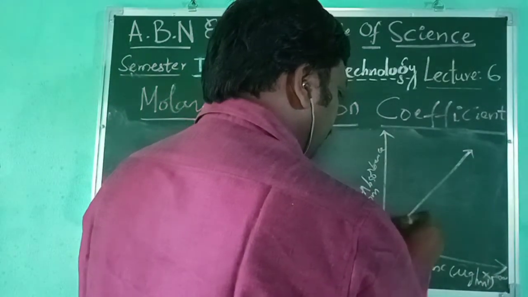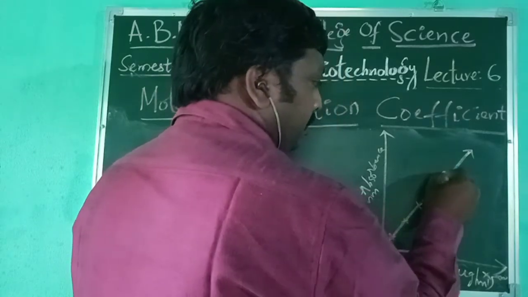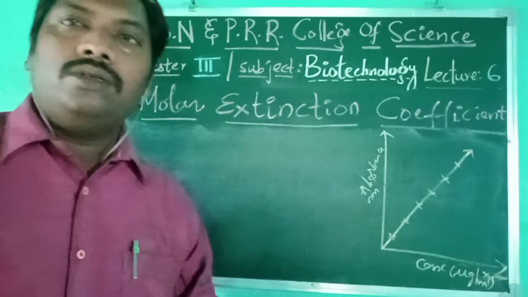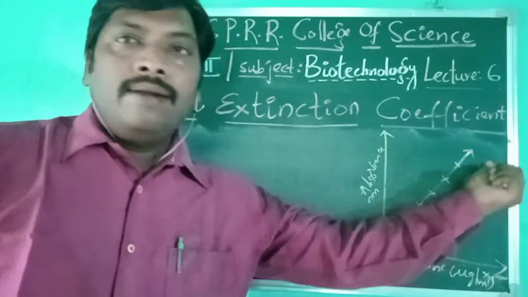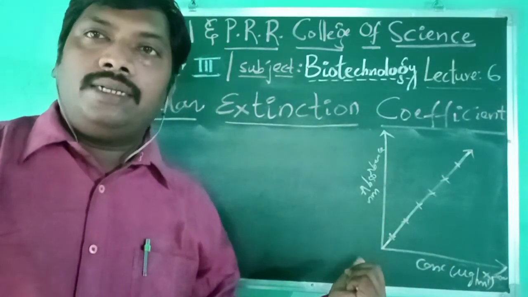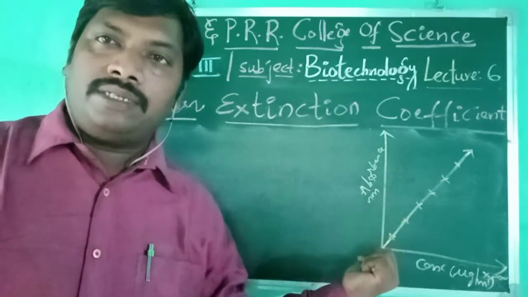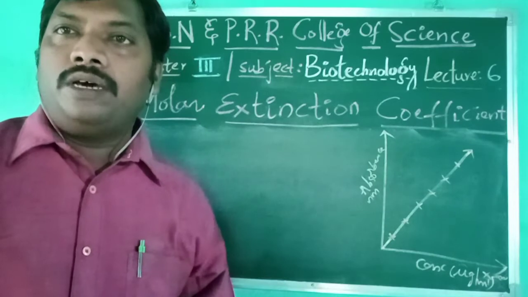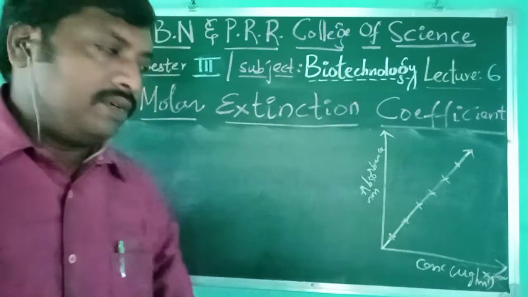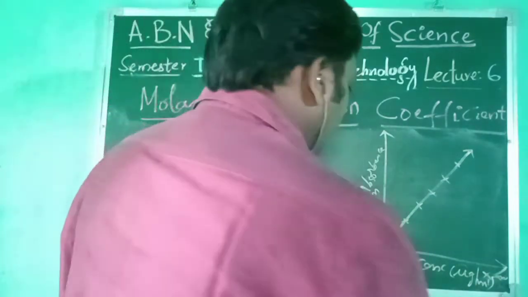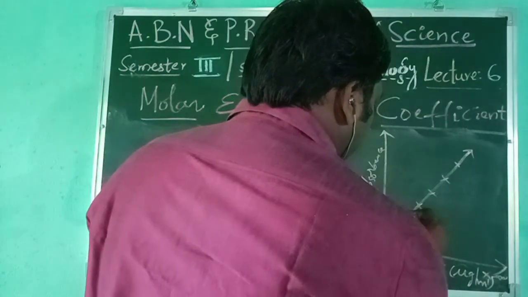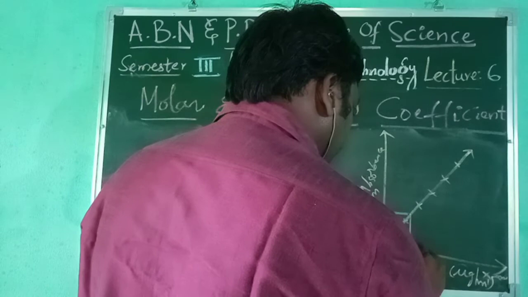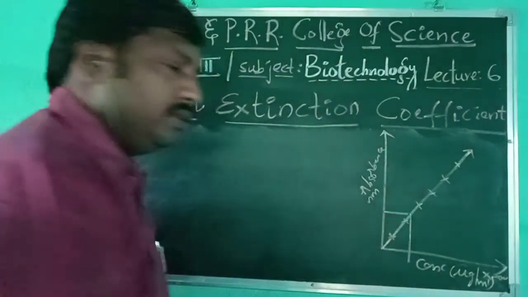These are the different samples containing the optical density values, taken from the plot, that is, the graphical representation of concentration versus absorbance. Then we take the particular absorbance of the sample containing the concentration of the solution.